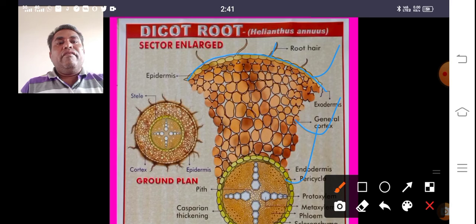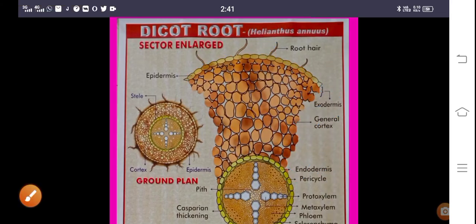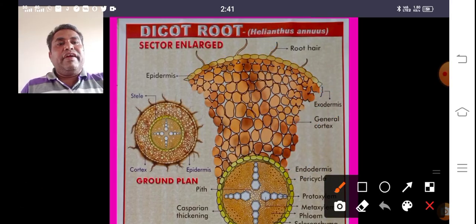When you go to the second part, the cortex, it is present below the epidermis and between the epidermis and the stele. The cortex is divided into three parts: exodermis, general cortex, and endodermis.